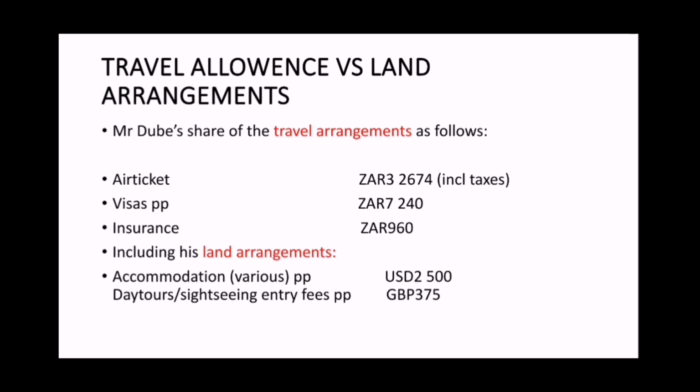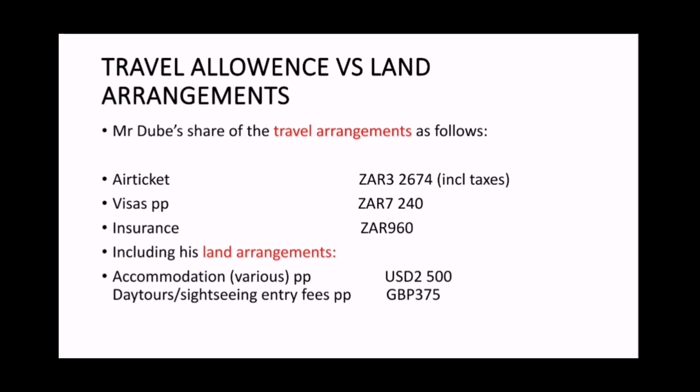For you to be able to calculate the total amount of money that you are spending on your travel arrangements, you have to convert your land arrangements into South African rand so that you can see how much exactly you are going to be spending on travel arrangements, right?